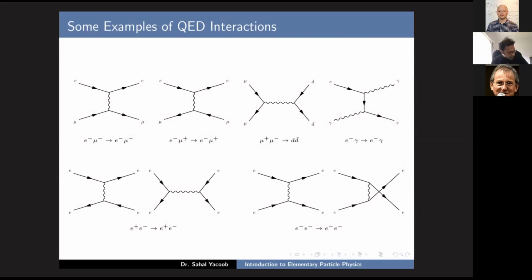In the third diagram, we have a muon and an anti-muon annihilating, and then creating a down anti-down quark pair. So this is the first time in QED that we're showing quarks. But remember, the quarks have electromagnetic charge, so they interact with photons.